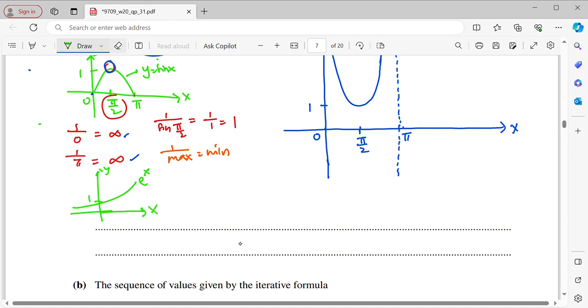I'm sketching e to the negative x, it will be 1 over e to the x, which means 1 over 1 is still 1, and as x tends to infinity it will be 0. So this purple graph is my e to the negative x.